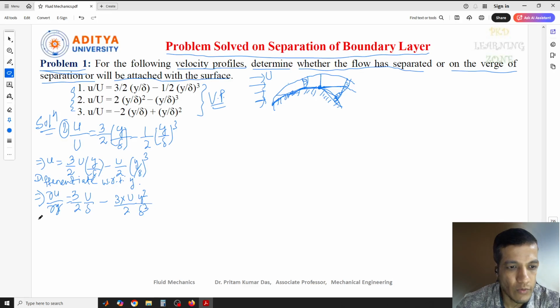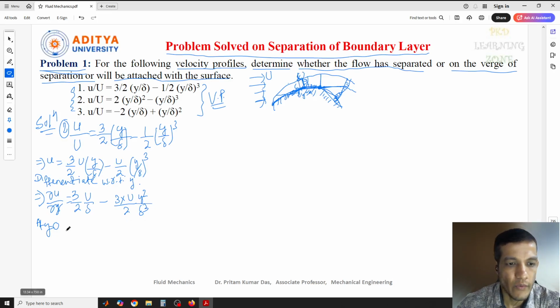Now we need to put in the value y equal to 0, because at the surface level u equals 0 and y equals 0. Then it moves up to u, and the total distance is delta.